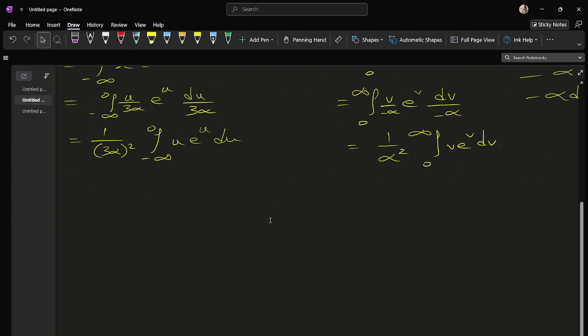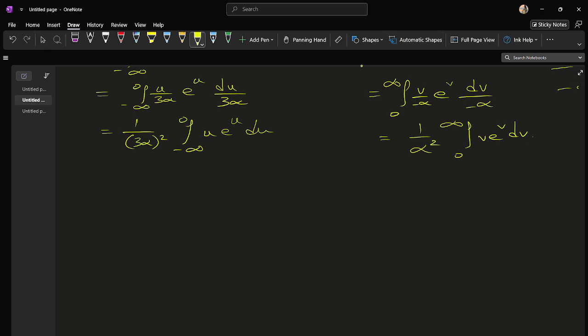So what will be the total sum? Our I equals I1 plus I2.